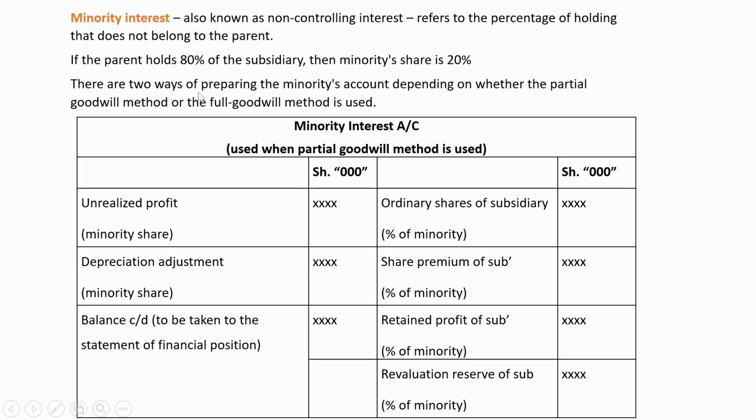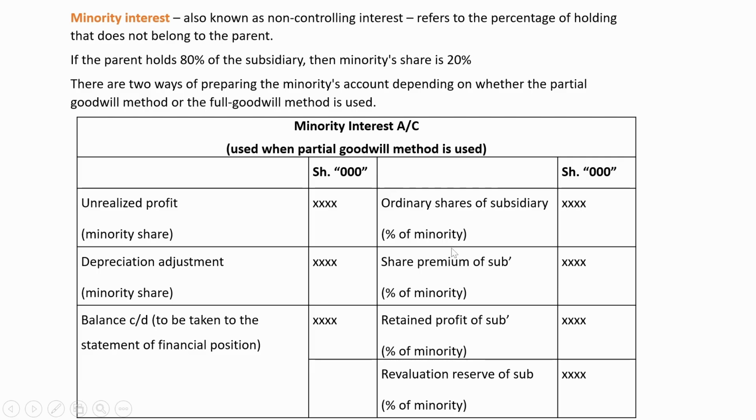So there are two ways of preparing the minorities account depending on whether the partial goodwill method or the full goodwill method is used. So this is one of the formats. It is used when partial goodwill method is used.